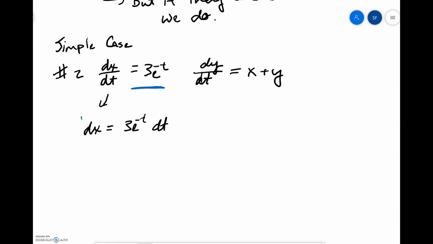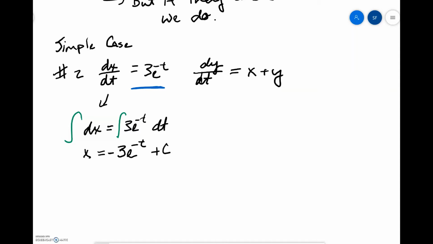Separation of variables says now we can integrate both sides, and when we do that, we get x equals 3e to the negative t divided by negative 1, plus our integration constant.